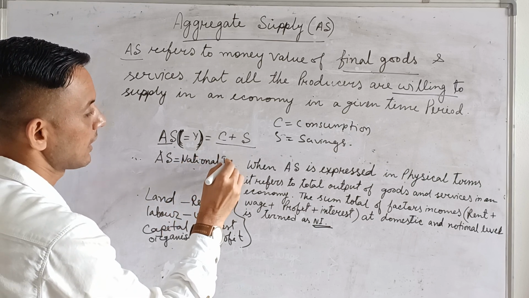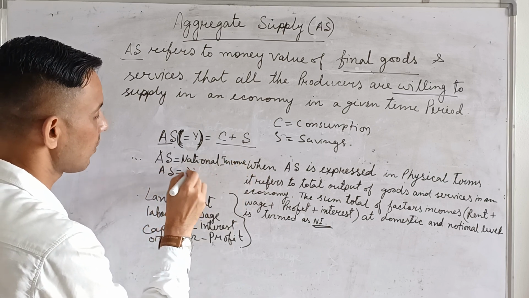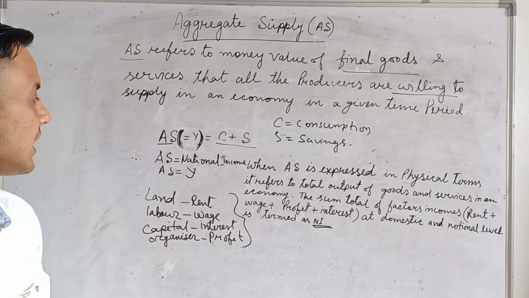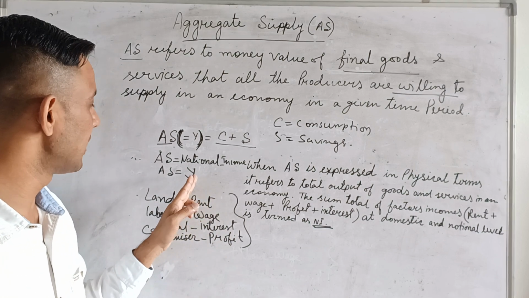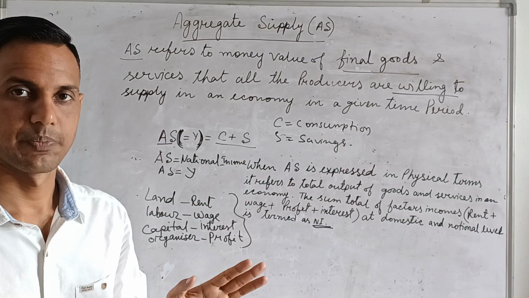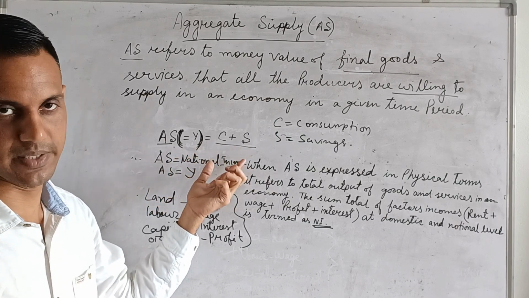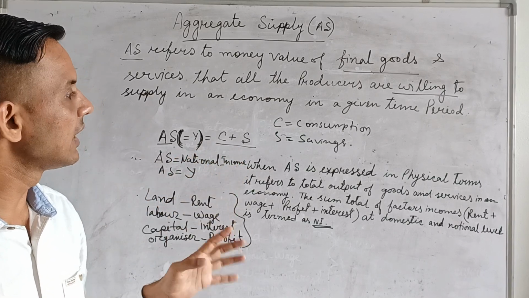So AS is equal to Y. Sometimes in your question paper, suppose Y is equal to C plus S. What will you understand? It means aggregate supply is equal to C plus S. Clear?